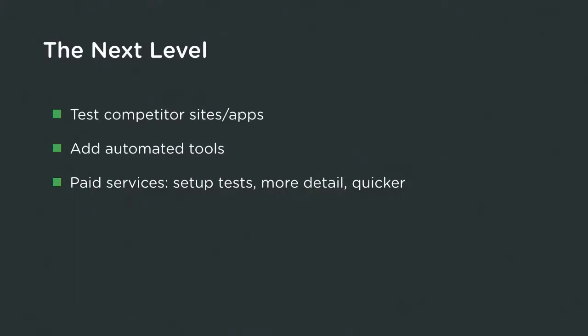You can add some automated tools to your site, or you can use some paid services, and sometimes they're both. Automated tools and things like Google Analytics are going to give you analytics, but there are other tools that you can add to your site that can track user sessions. They can give you a little bit more data about what goes on in general, but also for specific user sessions.